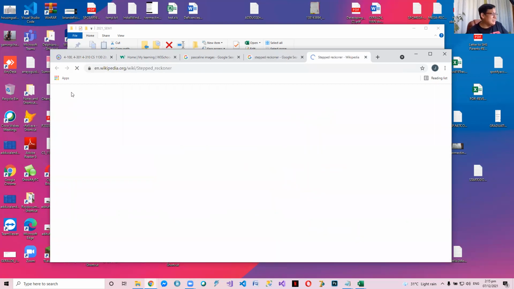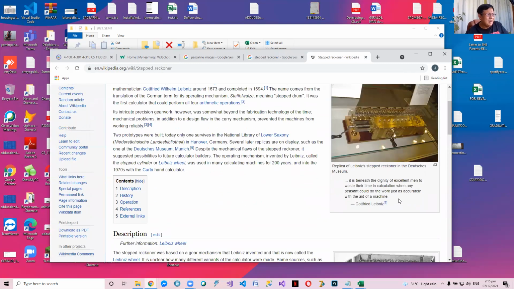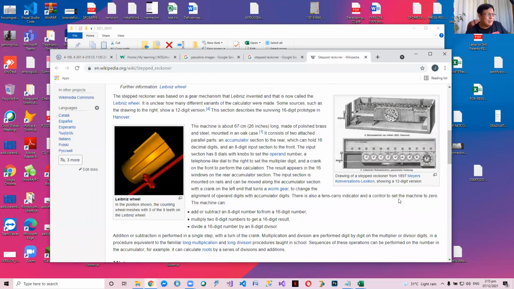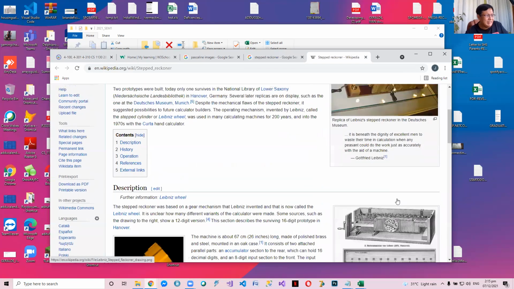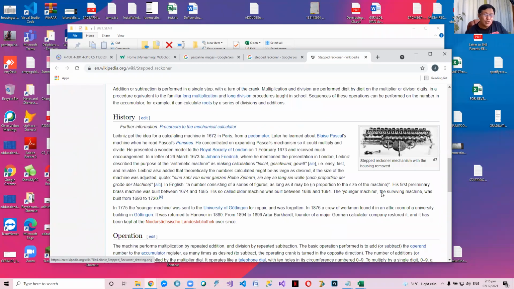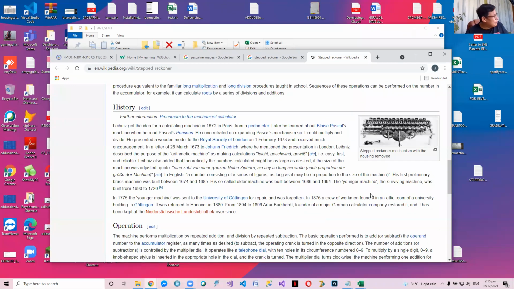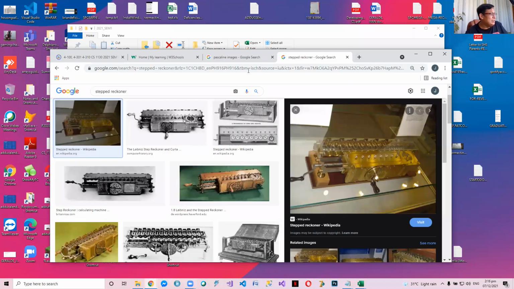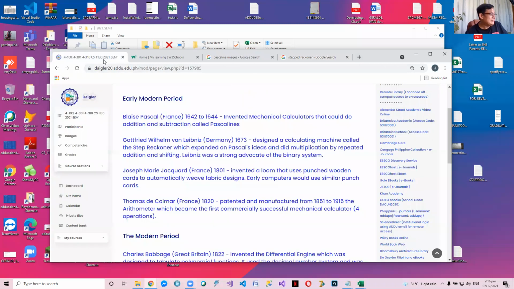The mechanical adding machines are actually an improvement of the step reckoner by Wilhelm von Leibniz from Germany. So, nagko-compute na siya. Instead of turning wheels one by one, you will have a crank. We don't have to study how this works, but we only have to mention its occurrence in history. Hindi na kailangan. Okay.